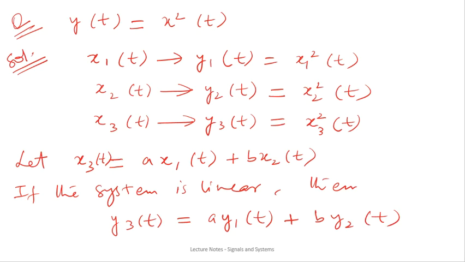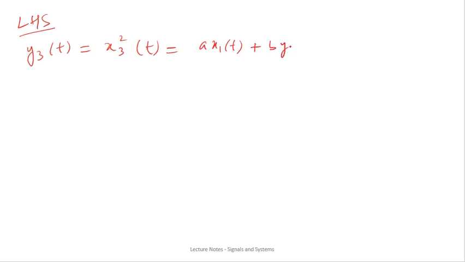Again you proceed in the same way. You start from the LHS of this equation. So y3(t) equals x3 square(t), and in place of this x3 you put this value, and it should be whole square. Now you can solve it, open the bracket.